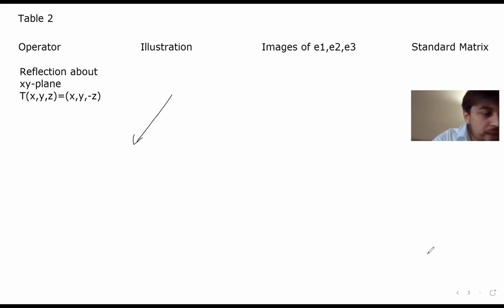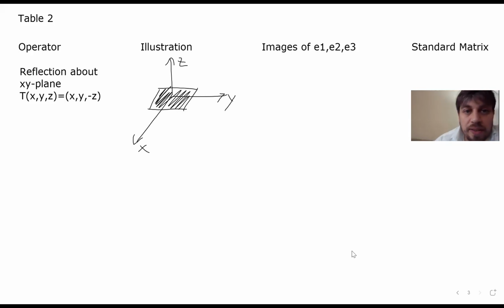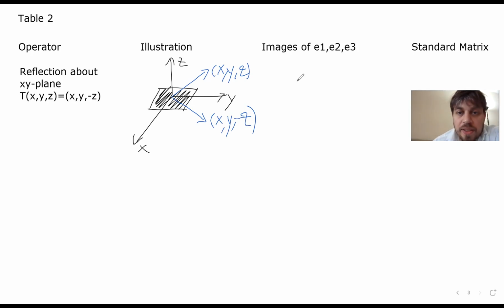So we have the x-axis, y-axis, and z-axis. Here's the xy plane going in all directions. We have, let's say, a vector x with coordinates x, y, z. And if we reflect it about the xy plane, we get a vector x, y, negative z. You just negate the z component. That's the effect of it.